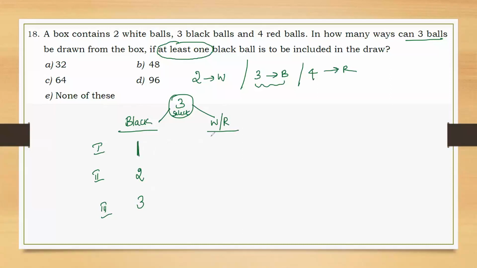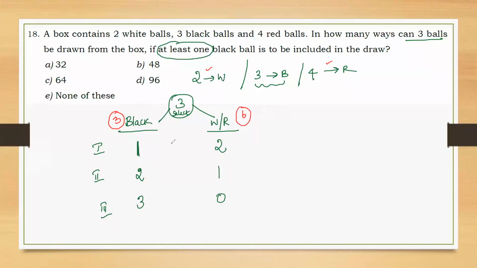The remaining may be other colors. So if it is 1 black ball, the remaining 2 must be from white or red. If 2 are black, the remaining 1 must be a white or red. And if 3 are black, then the remaining will be 0. So we have 3 black balls, and white and red. If you add it, you will get total 6.